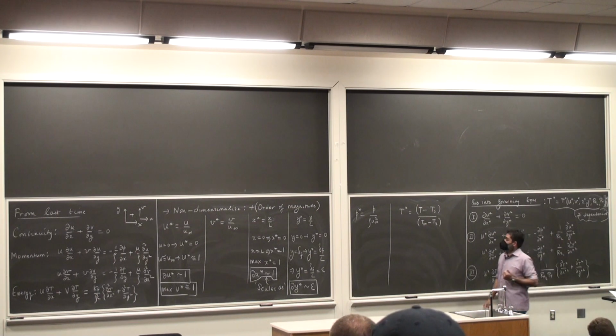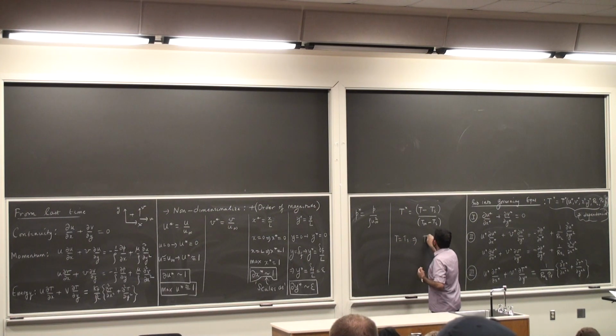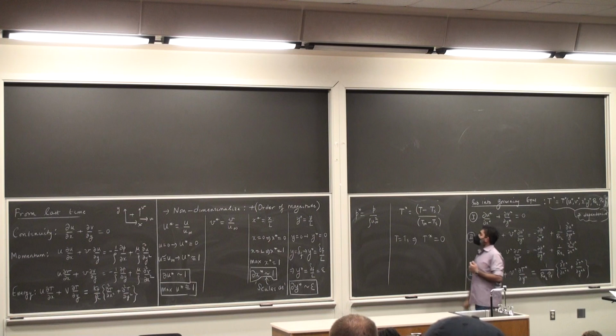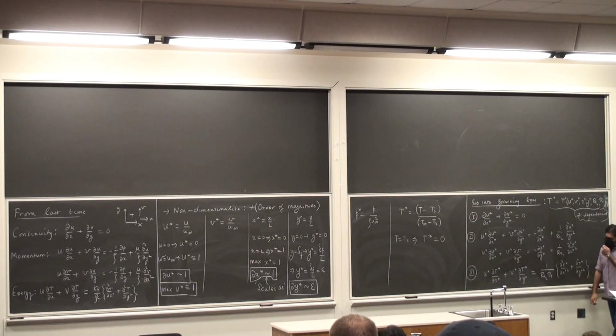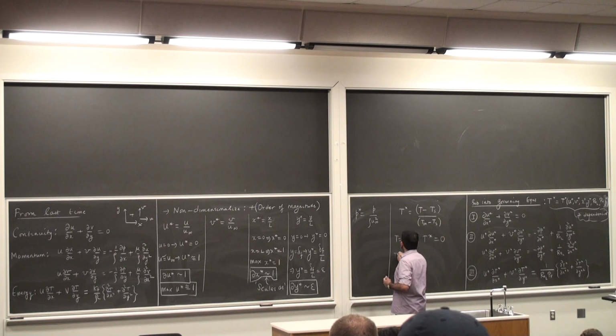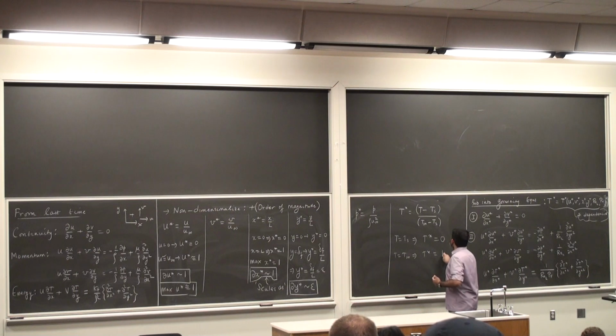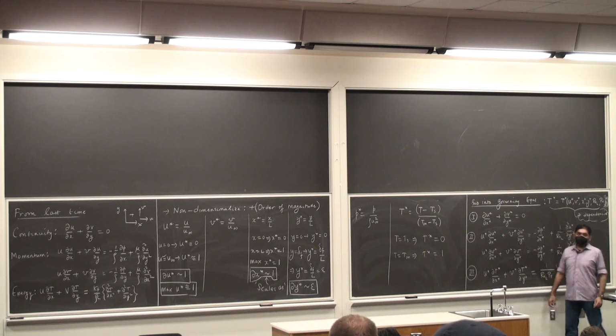At the surface of the plate, T is equal to Ts, so T star is 0. At the edge of the boundary layer, the thermal boundary layer, T becomes T infinity, so that T star is equal to 1.